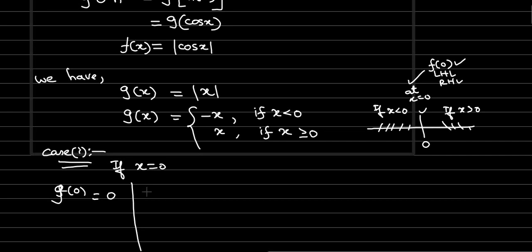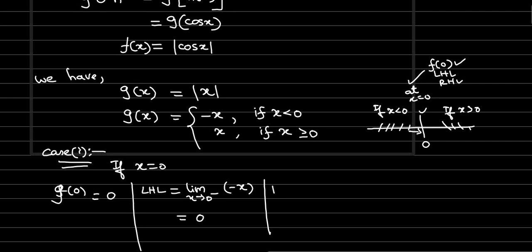Now the left hand limit: x is approaching 0 from the left side, where values are less than 0. The suitable function is minus x, so the limit of -x as x approaches 0 from the left is minus 0, which is 0.